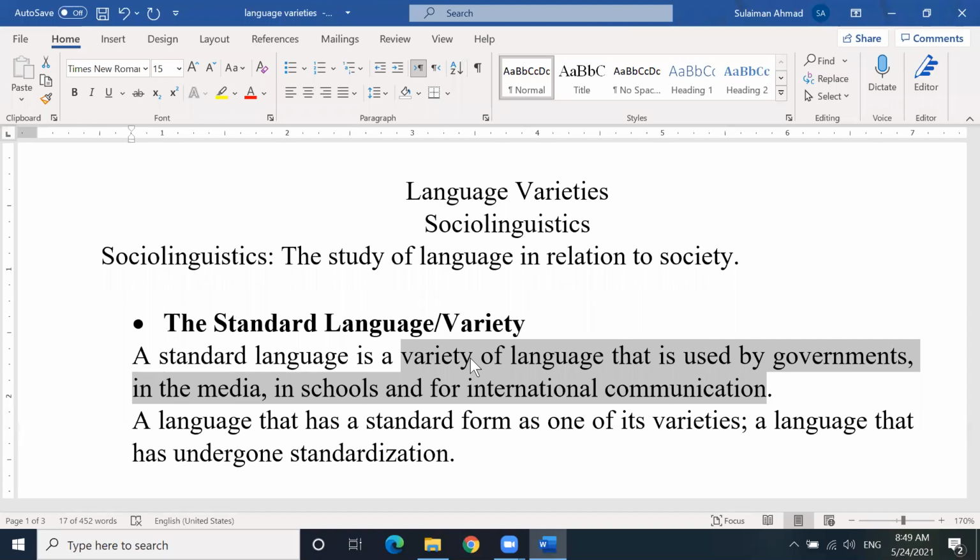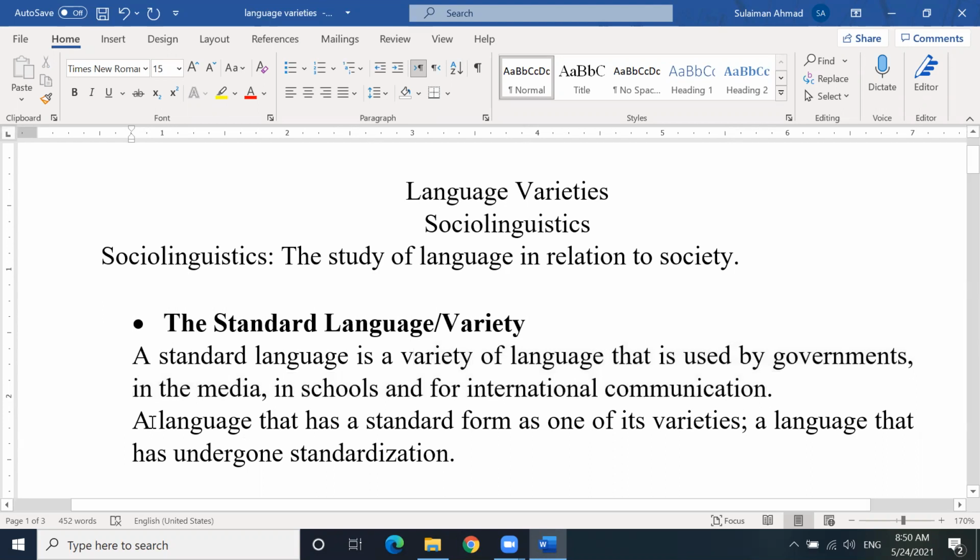If you look at Urdu, the Urdu language which is used for international communication is the standard Urdu language. Same is the case with English. The English language which is used by governments, in media, in schools, and for international communication, that is the standard English language, the standard variety of English.